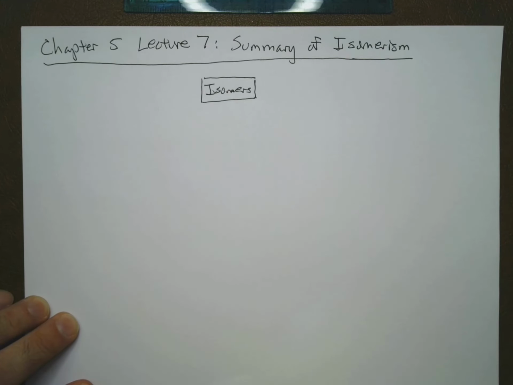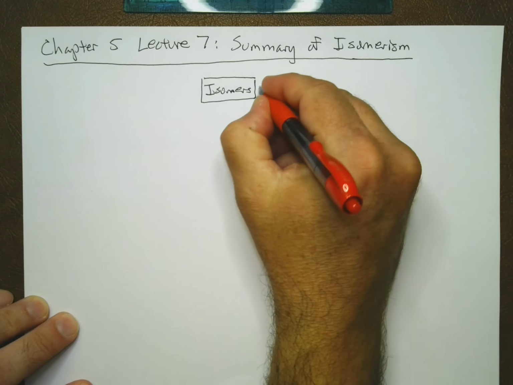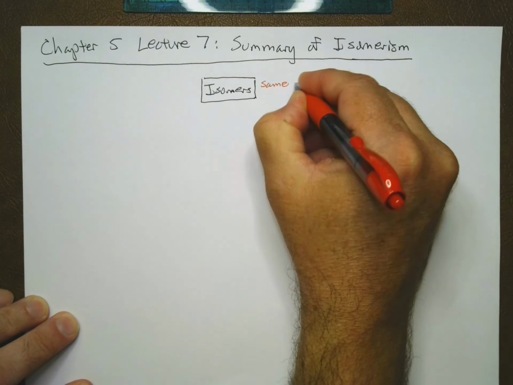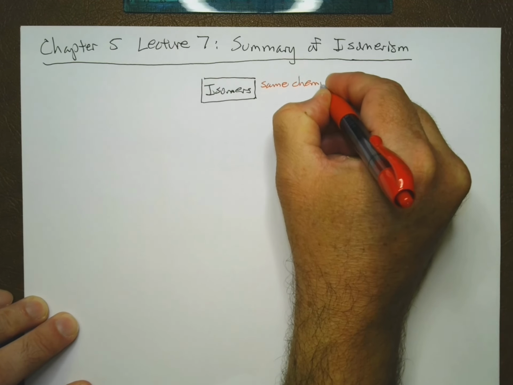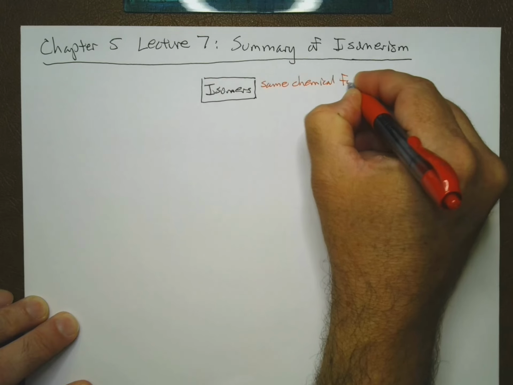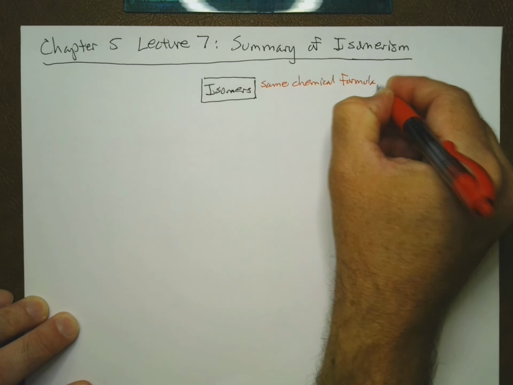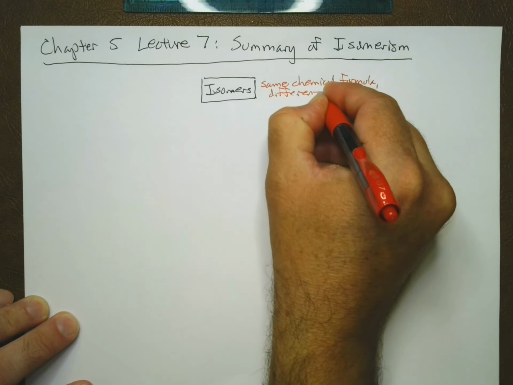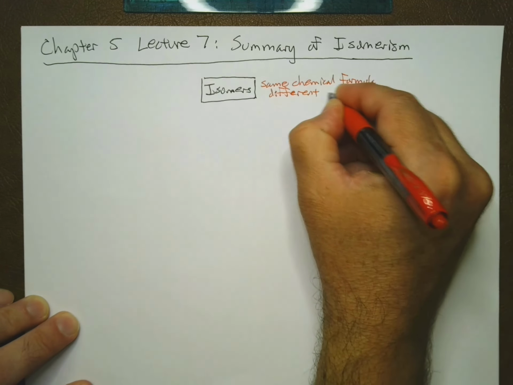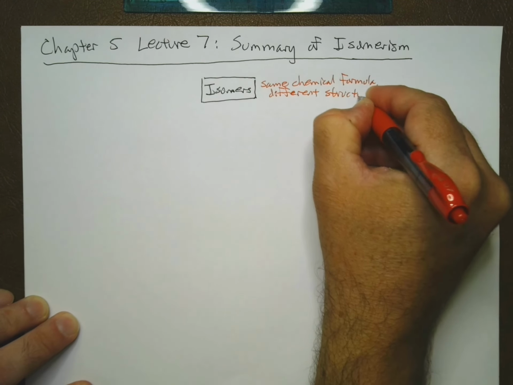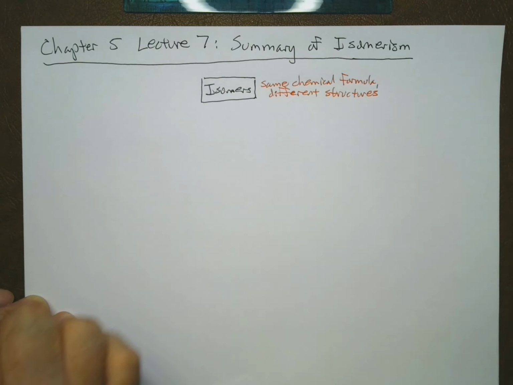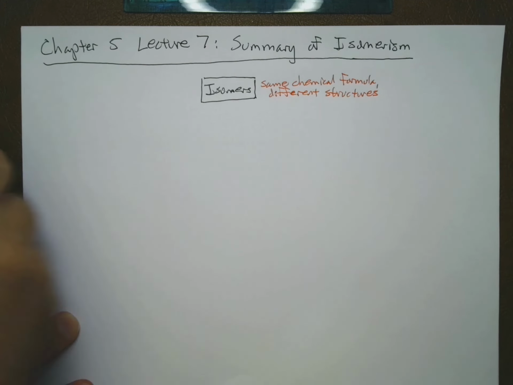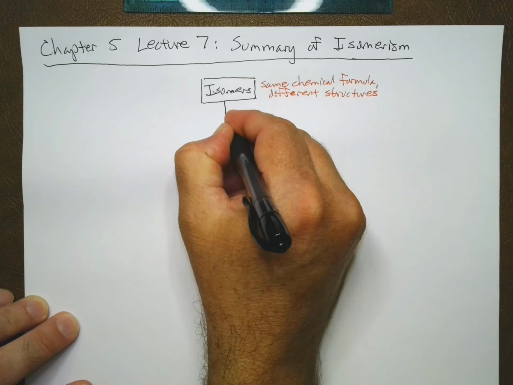Isomers have the same chemical formula, but different structures. Now, there are two types of isomers that we've seen.